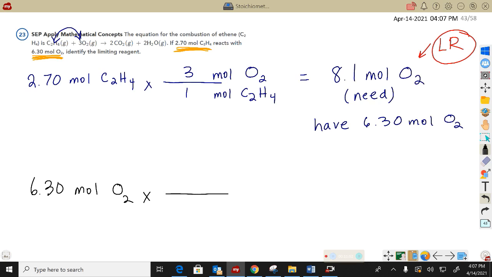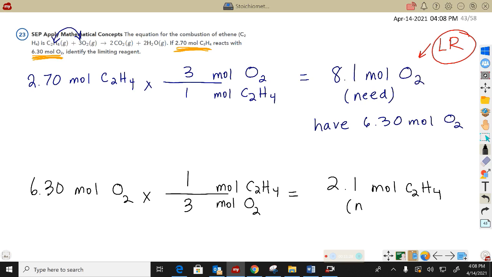All right, so I set up a conversion between moles of oxygen. I'm going to cancel that and switch it to moles of the other reactant. Plug in the ratio, 1 to 3. 6.3 divided by 3 is a big fat 2.1 moles of C2H4, and I say that is what I need.